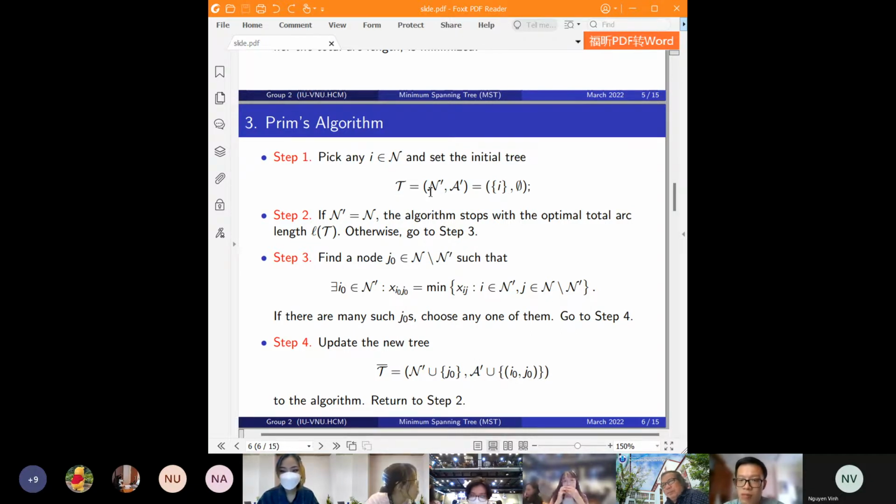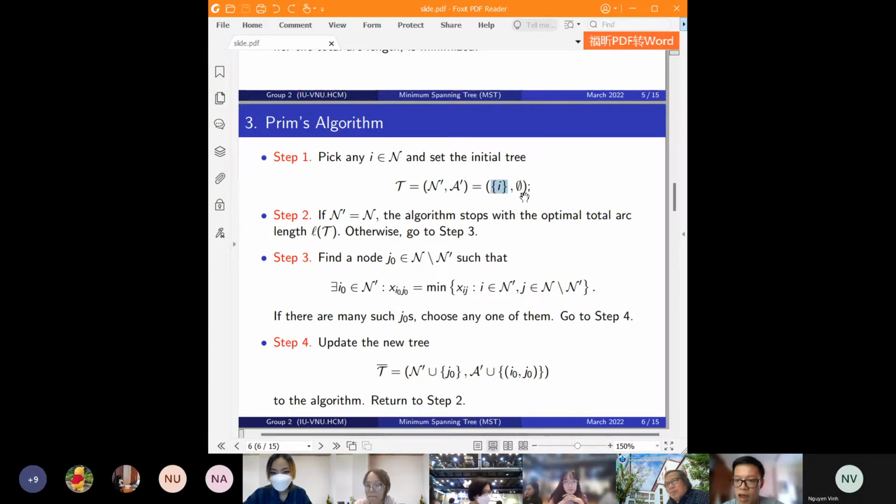The advantage of this algorithm is that it is very relaxed, in the sense that we can pick any node in the graph to start without any restriction. Therefore our initial tree will consist of only the one node we selected, without any arc yet.